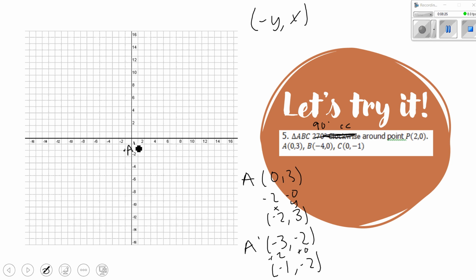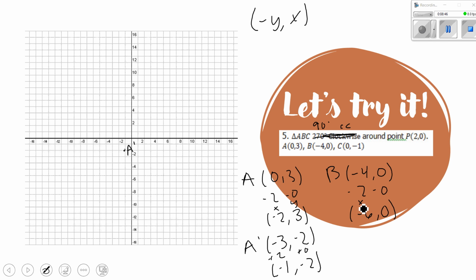All right, that was a lot of steps. I know it's a little bit tricky, so let's do it again with point B. B was originally at negative 4, comma 0. Part 1 says subtract out that point you're rotating about. Subtract out the 2, subtract out the 0. You're now at negative 6, 0.